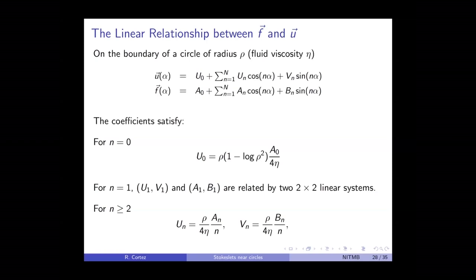So instead of being diagonal, there are two little blocks, but you can still write down the answer. So really, in the end, when you have the velocity on a circle, and you want the forces that produce that velocity, you go through the coefficients of this expansion, and there's nothing to invert. You just multiply them by some number each, and you're done.